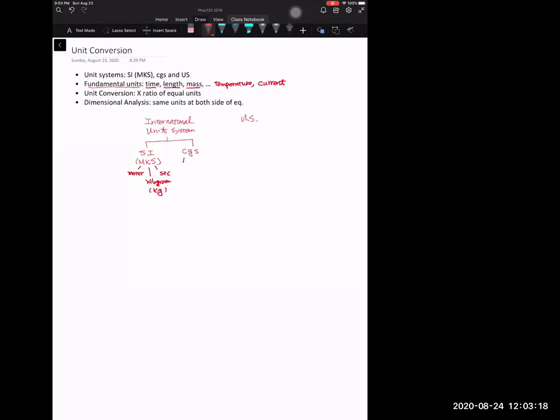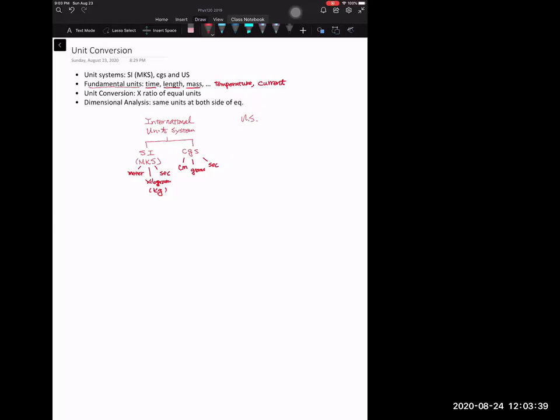The C represents centimeter, this represents gram, and this represents the second. So instead of using a meter, we use centimeter. Instead of using kilogram, we use gram. And time is always going to be in second.